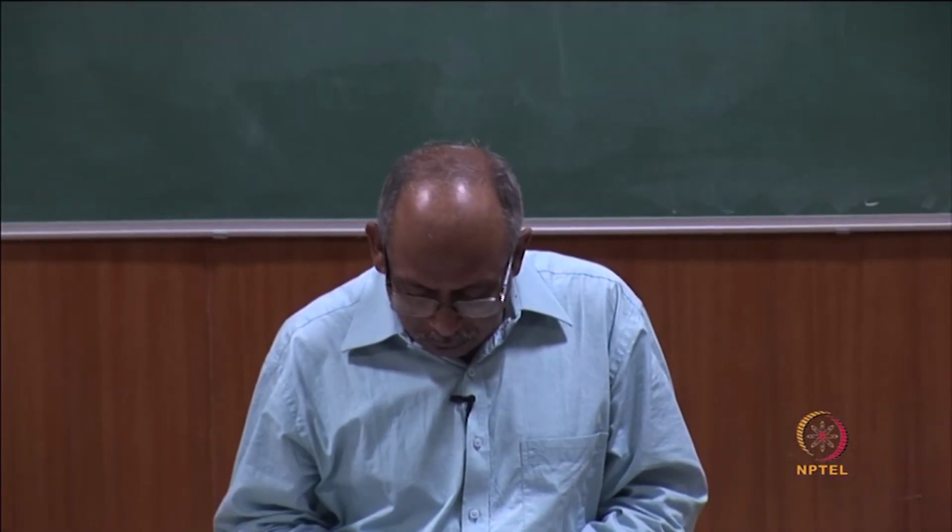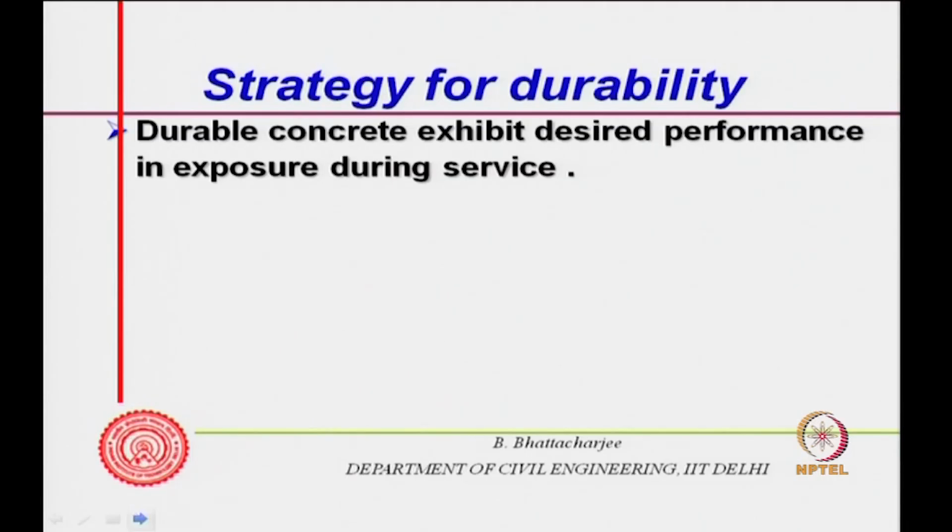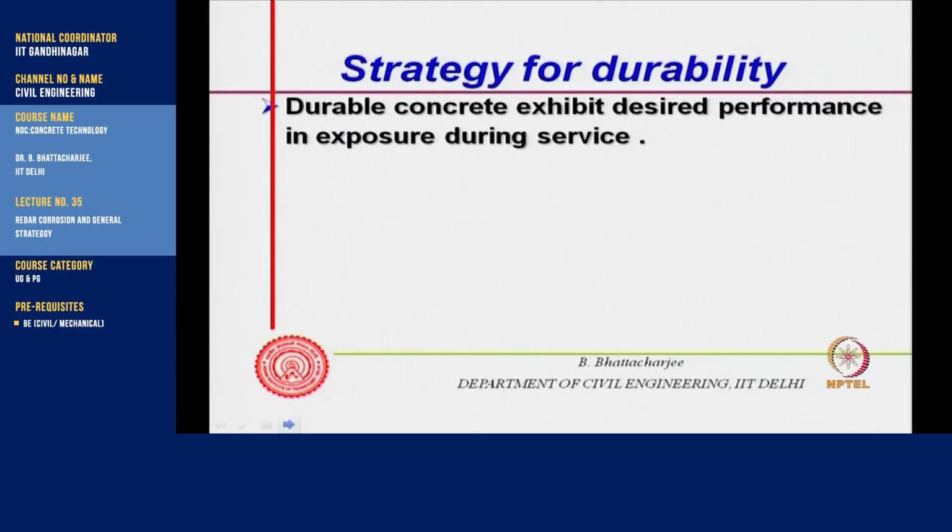Now, strategy for durability. We have understood all the problems and the deterioration processes and their details in the last 4 lectures and part of this lecture as well. So, what is the strategy? Currently, our understanding of the phenomena and physical models for deterioration is very limited.